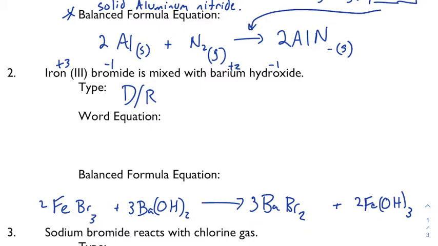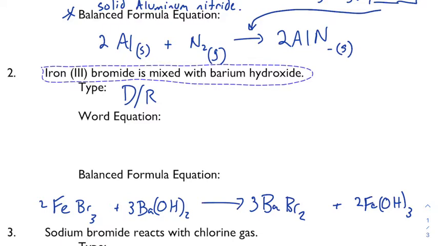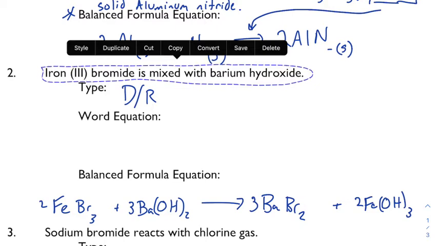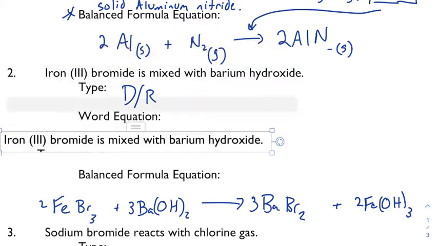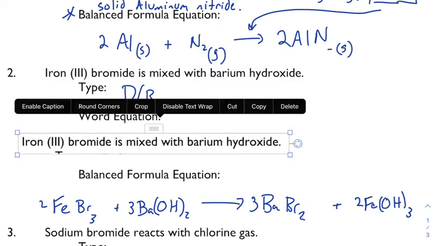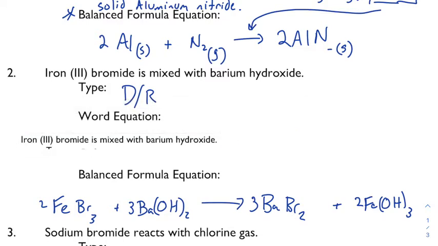All right, and now writing the word equation, I'm going to get smarter here. Watch what I'm going to do. I'm going to copy this and paste the image and just finish this sentence.